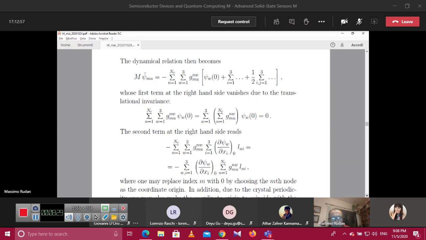So we have to sum the zero order term over the index n of the cell and the index w of the coordinate axis. We swap the two summations, okay?